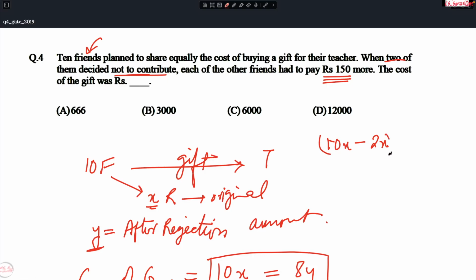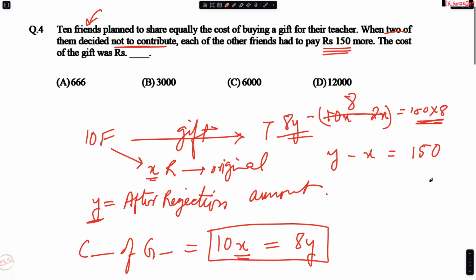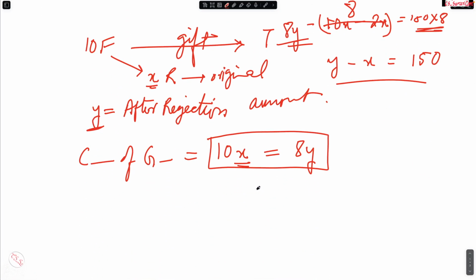This whole amount subtracted from your original total amount is going to give you how much? That is, 8 times y equals 150 times 8. That is what you're going to get from the whole of it, right? So this 8 can be cut out. So y minus x is equal to 150. This is one another piece of information that we have, right?